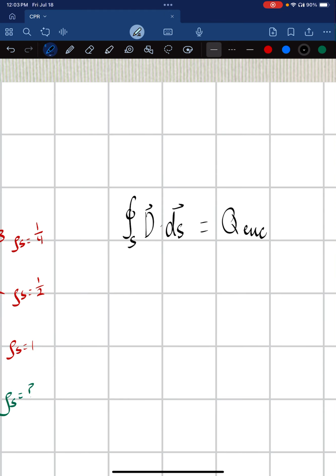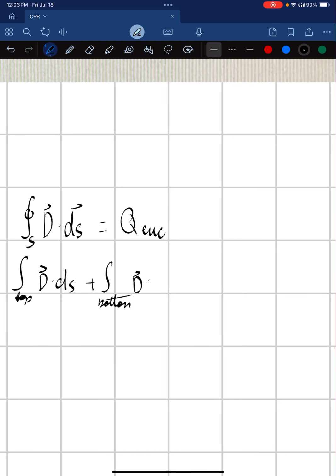So our surfaces are going to be the top plus the bottom. This will be equal to rho sub s times dS.